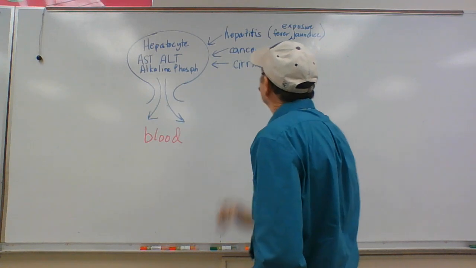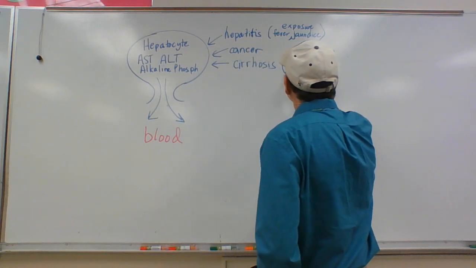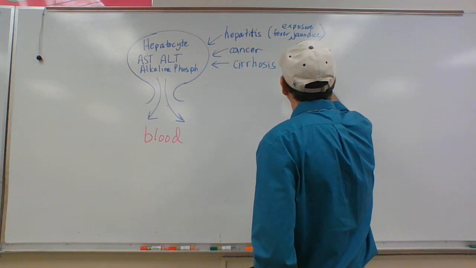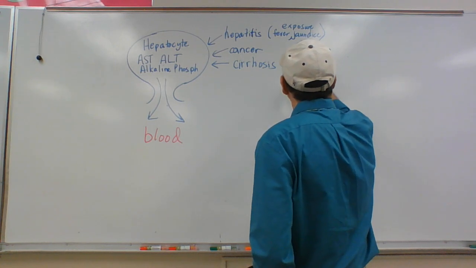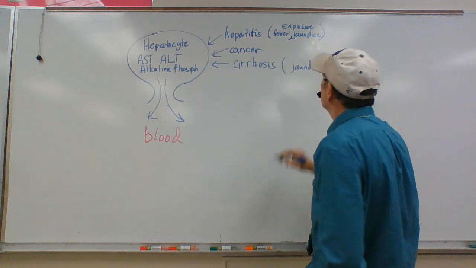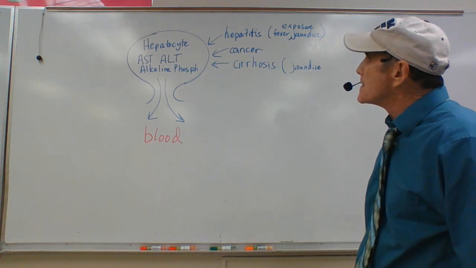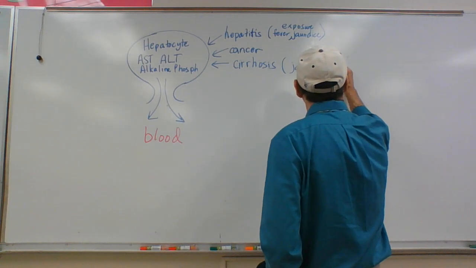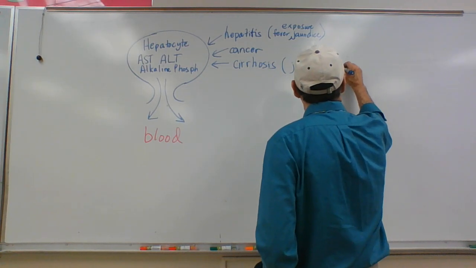Cirrhosis, they wouldn't have a fever either. And if it's extreme, they'd be jaundiced, but no fever. Maybe upon talking to them, you find that they drink a lot of alcohol.